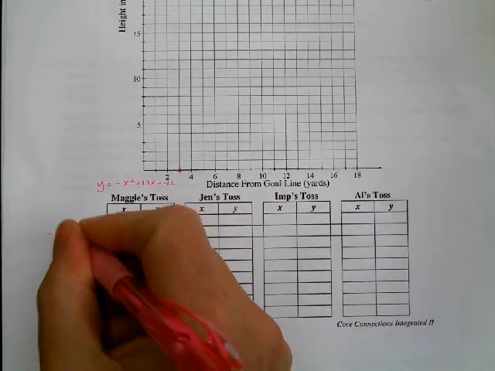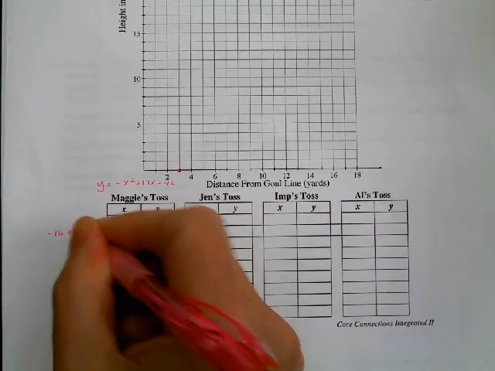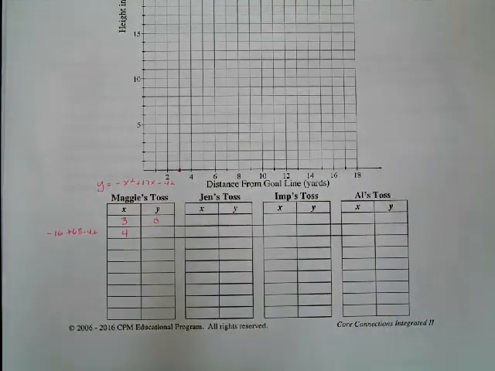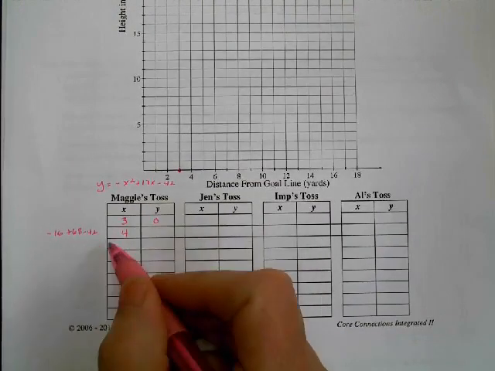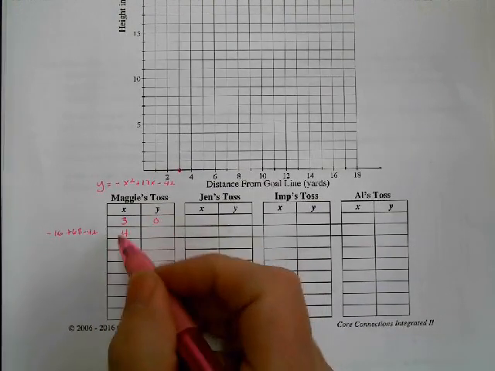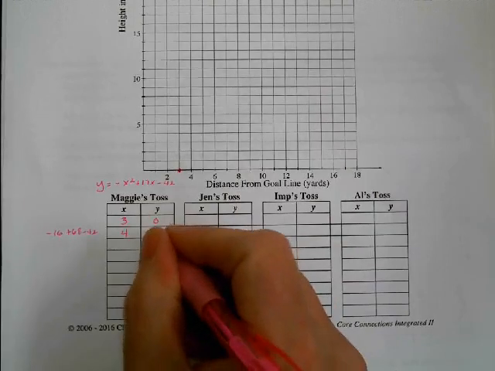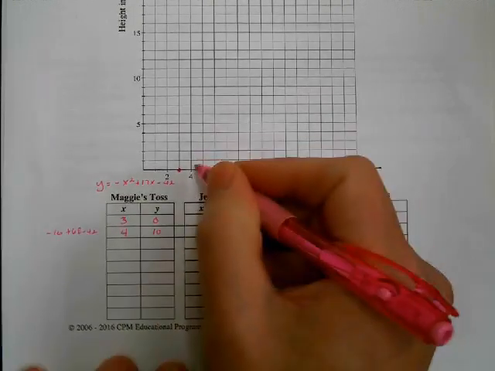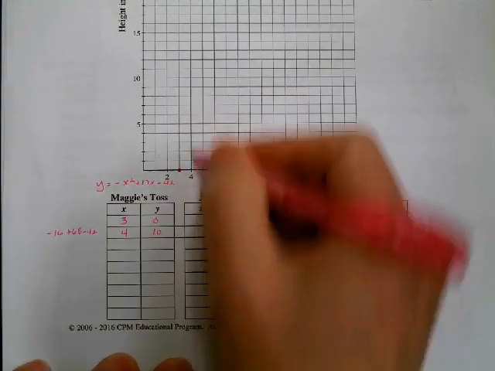So we get 68 and then minus 42. All right, so working this all out, that's 58, so 10. So my next point is at 4, 10.